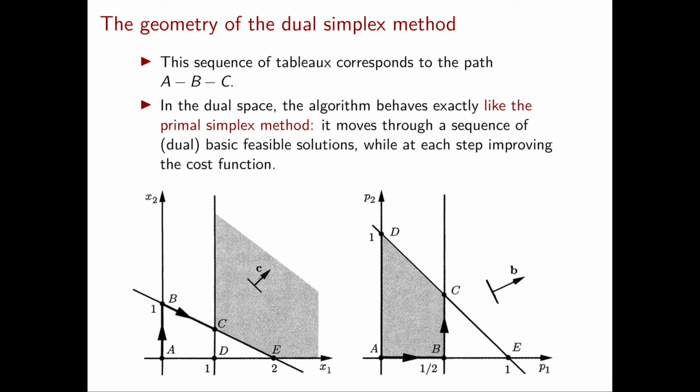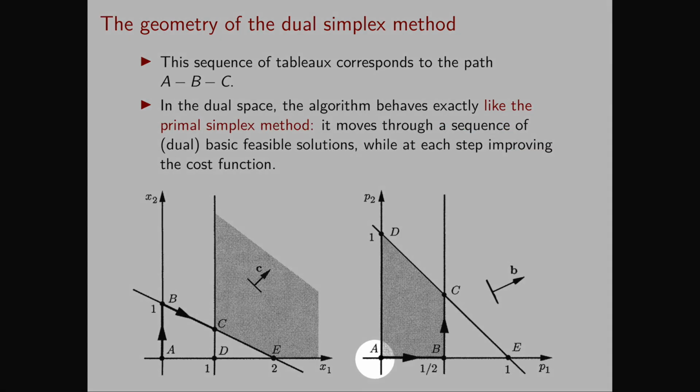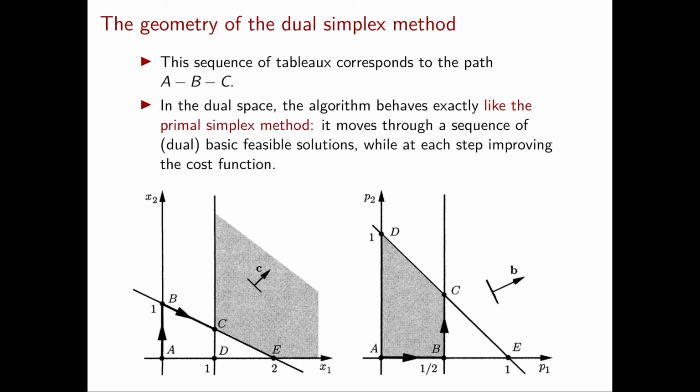Now let's look at the same path in the dual. We started in A, went to B, and ended up in the point C. So in the dual space, the algorithm behaves exactly like the primal simplex method. It moves through a sequence of feasible solutions in the dual, and at every step it improves the cost function.